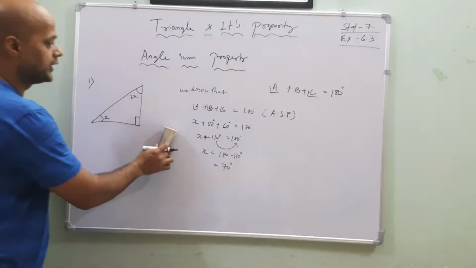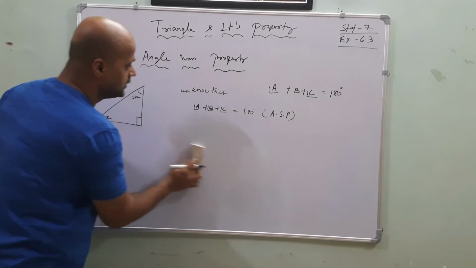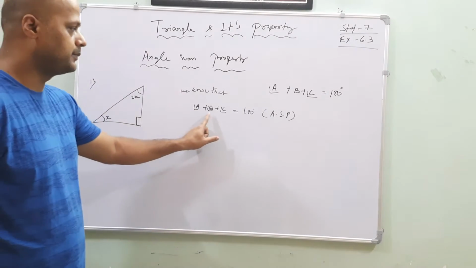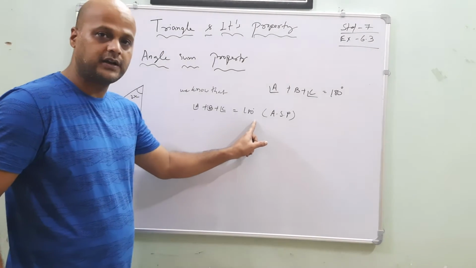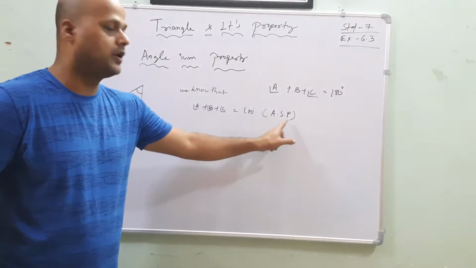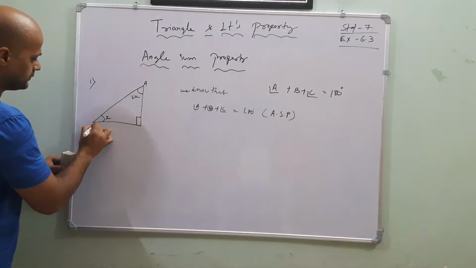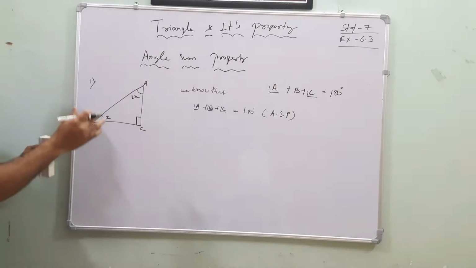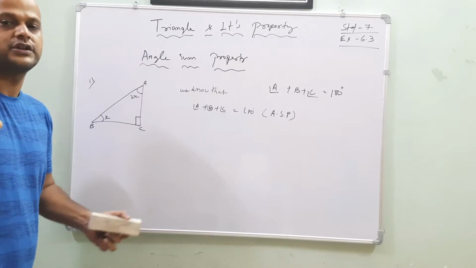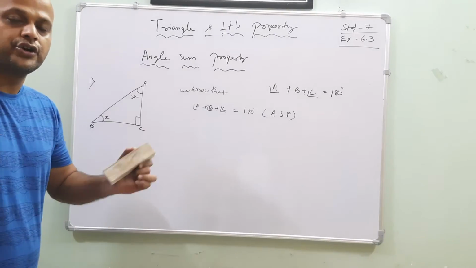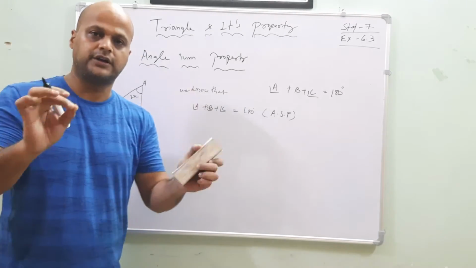Again, the same thing. We know that angle A plus angle B plus angle C is equal to 180 degrees. Why? Angle sum property. Now, name it A, B, C or ACB, whatever you choose, because in your books it is not written, but you have to mention it.